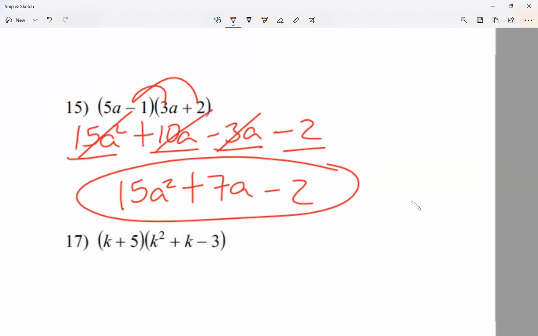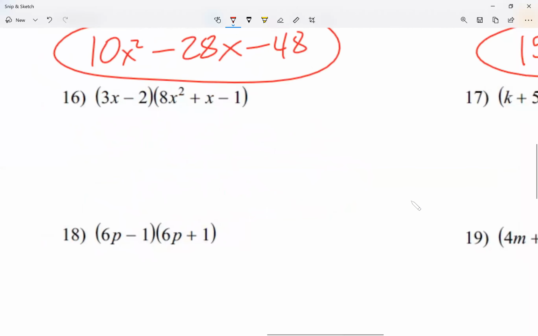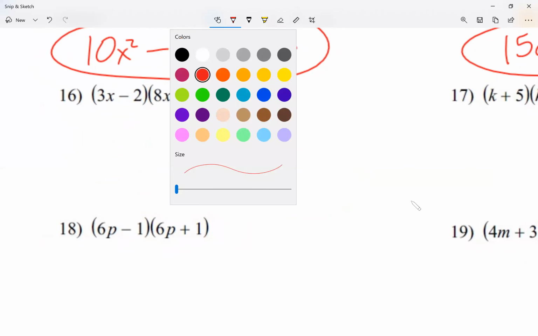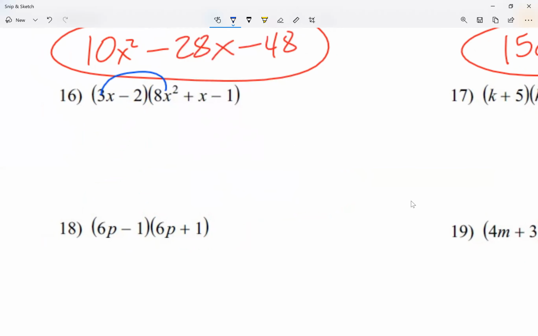All right, let's take a look at number 16. Let me distribute 3x. I'm going to use blue this time to not get confused. So 3x times 8x squared is going to give me 24x to the third. Right, 3 times 8 is 24. Notice I added the exponents of my x. That's why I got x to the third. And then 3x times 1x is going to give me positive 3x squared.